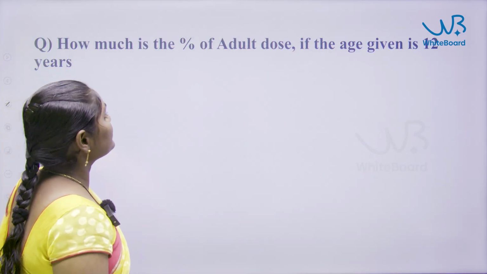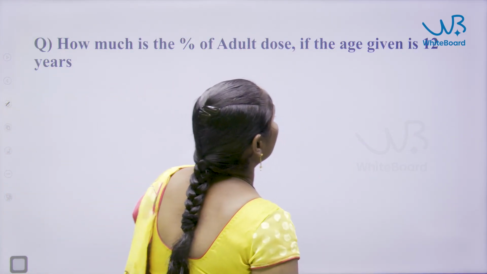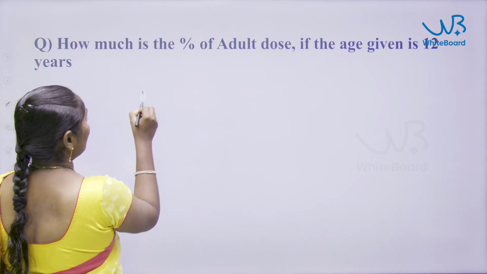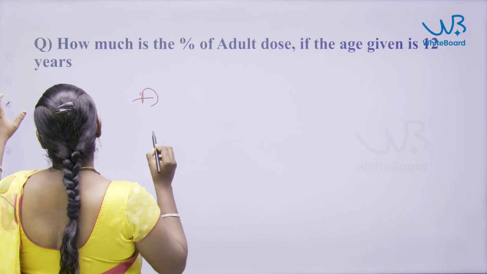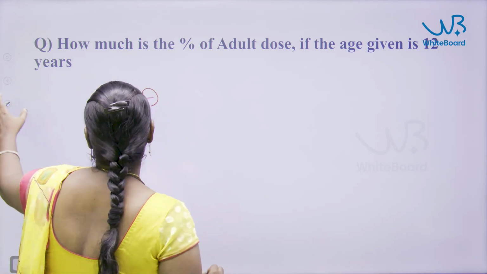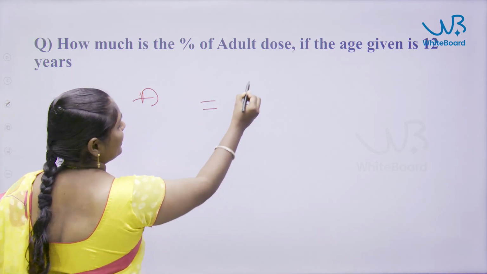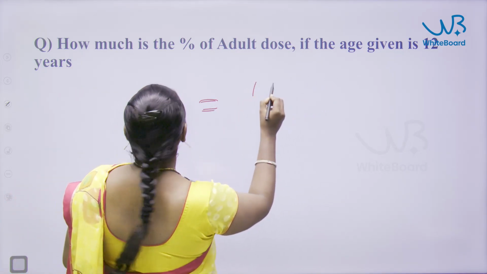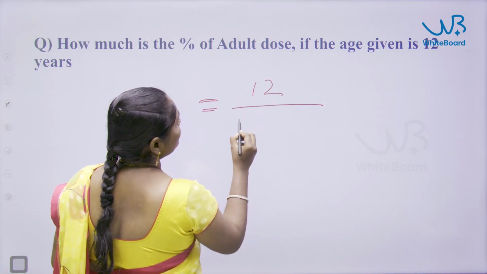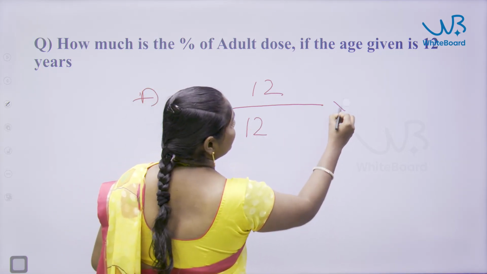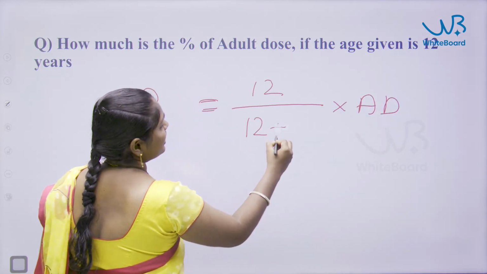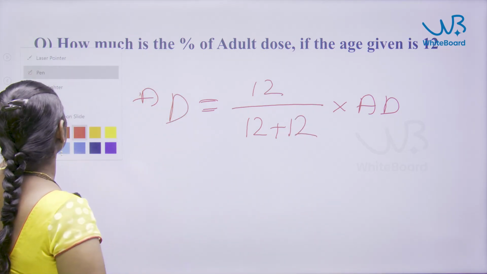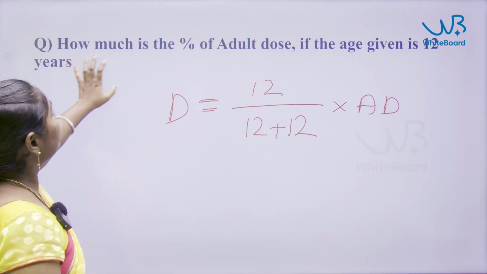Okay. So how much is the percentage of adult dose if the age given is 12 years? If you substitute that in your formula, the age given is 12 years, and they didn't give you the adult dose.